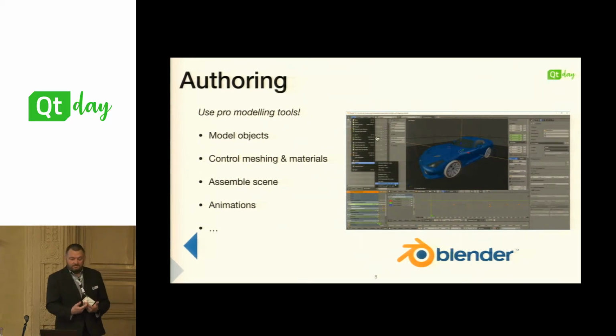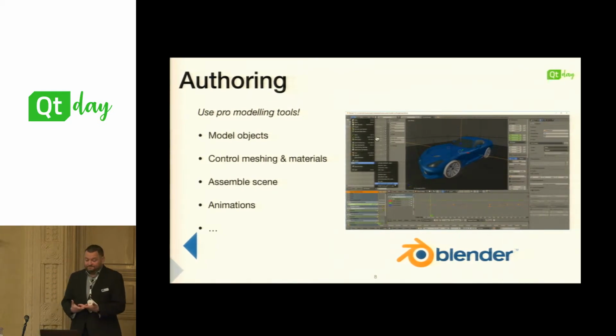So the professional modeling tools, not have to learn a new tool like Unity or Kanzi or Qt3D Studio. So basically here the designer is going to use the tools he's used to, to model all the objects, do all the material, so paint some nice textures on the scene and so on.